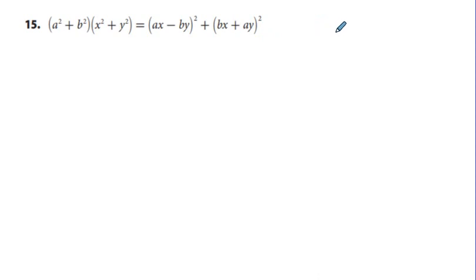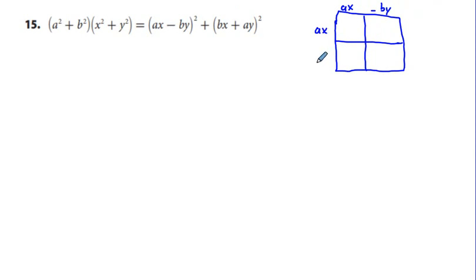So what I'm going to do for this is similar to the way we've done these other problems so far. I'm going to take this first one here. We have quantity ax minus by squared, so I'm going to put ax minus by, over here, ax minus by.